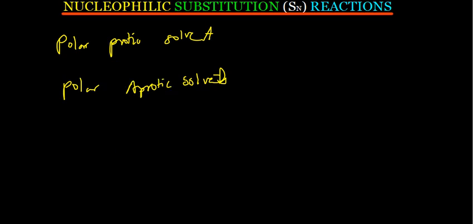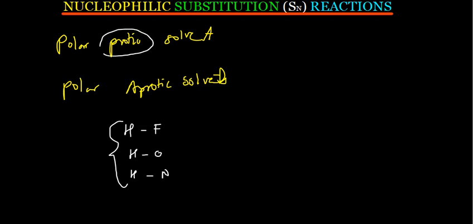So every time that we have a bond between hydrogen and either fluorine or oxygen or even nitrogen, these are going to be protic solvents. So those solvents, we refer to them as protic solvents.